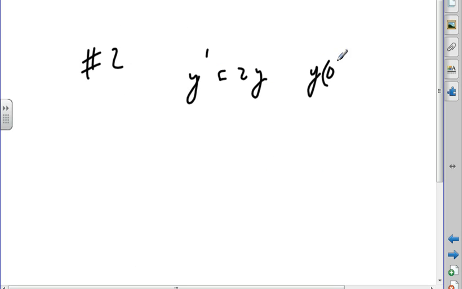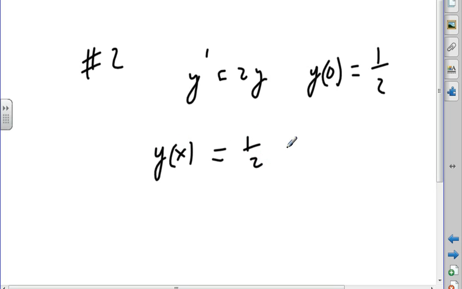All right, so number 2 says y prime is equal to 2y, and y at 0 is a half. If I solve this differential equation, I'm going to have y of x equal to 1/2 e to the 2x, right?